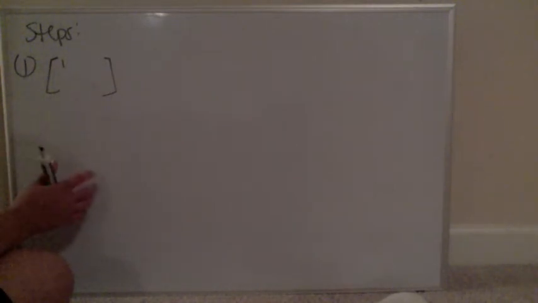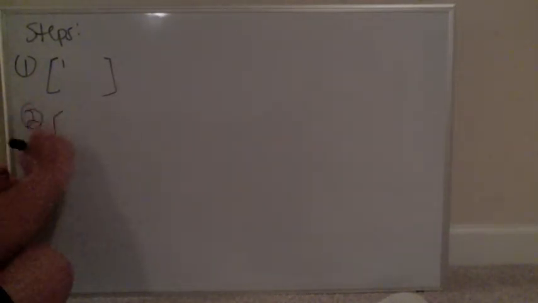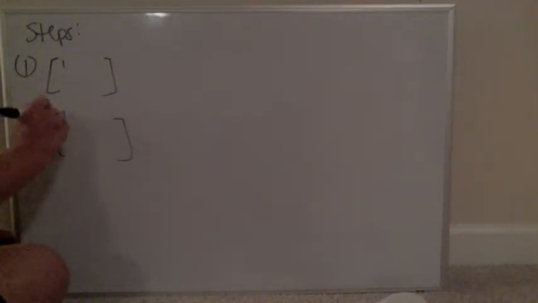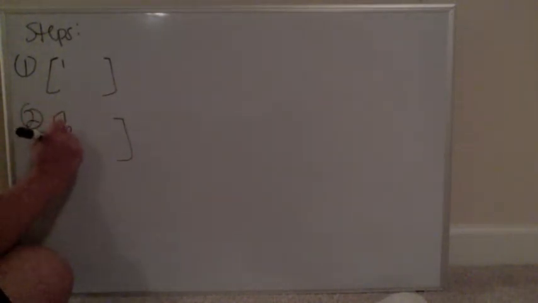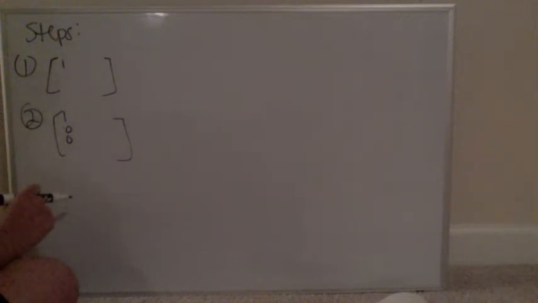You know in the diagonal form, it has to be 1s on the diagonal and 0s everywhere else. So the first thing you would want to do is get the upper left corner to be a 1. Step 2 is after you have taken care of that, so we have a 1 in the upper left corner, you'll need to turn everything that's in that same column as that 1 into a 0.